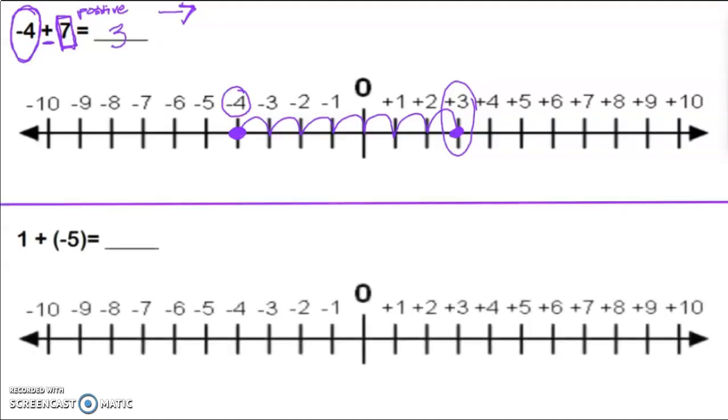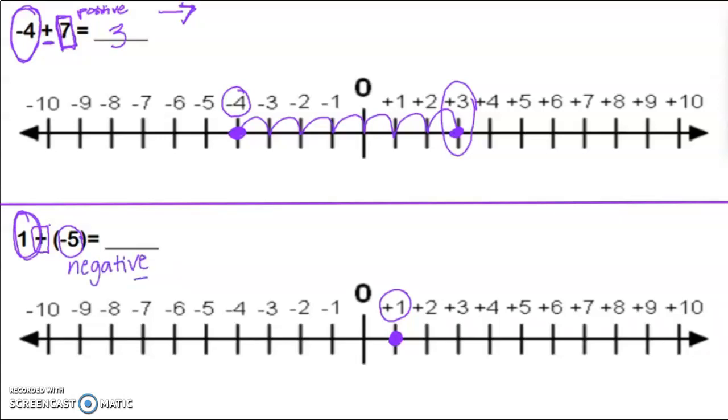Let's get one more real quick. 1 plus a -5. Starting at 1, put your dot on the +1. And in this case, we are again adding a negative number. So when we add a negative number, that negative number tells us that we're going to go to the left that many times.